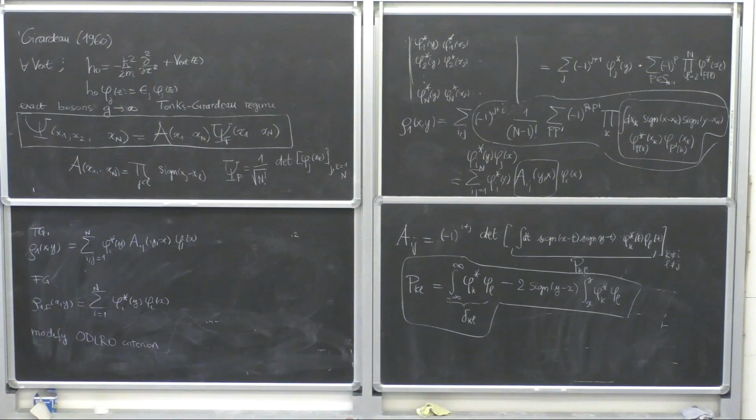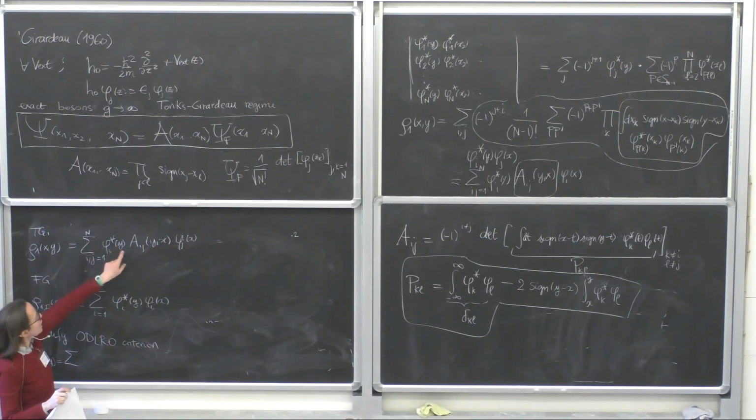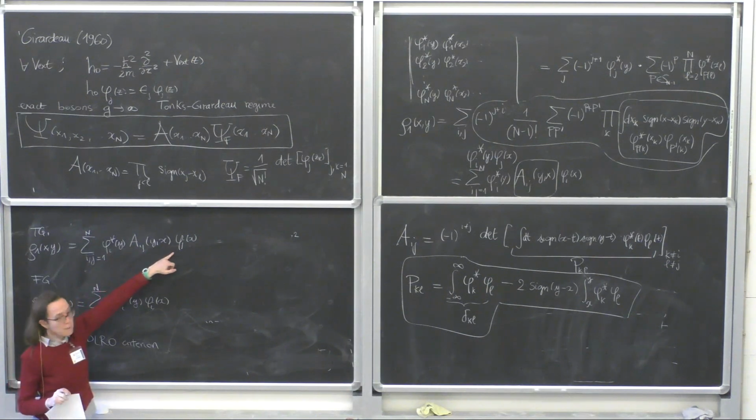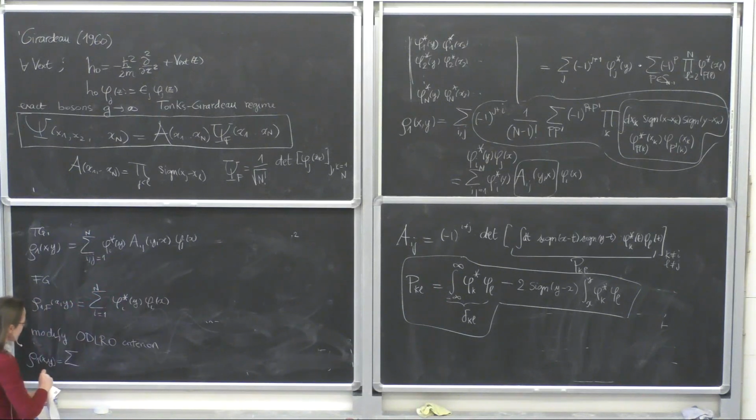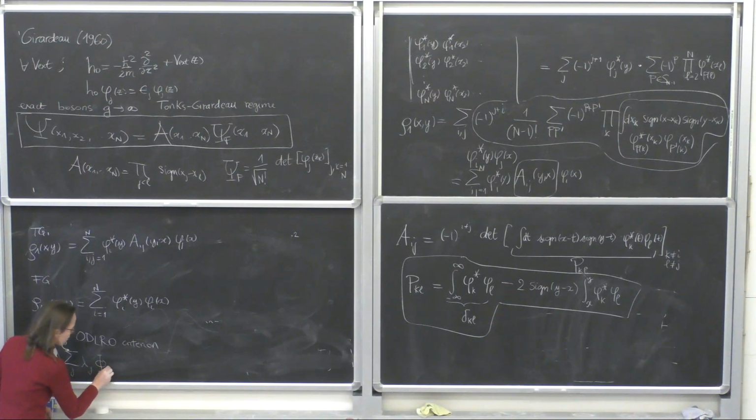And in the trap, what we need to check is that once we expand the one-body density matrix in natural orbitals, that is, you see in the coordinates y and x, this is a sort of a matrix seen as in a continuum. Imagine that I diagonalize it. That is, I write it as a sum over j of lambda_j and then some orbitals, phi_j star of y, phi_j of x.